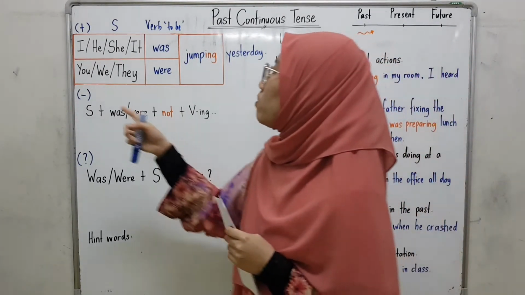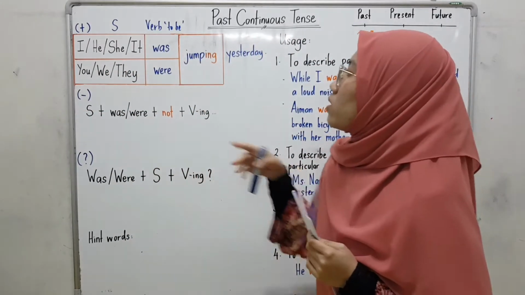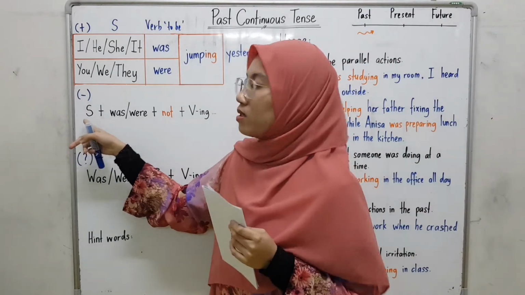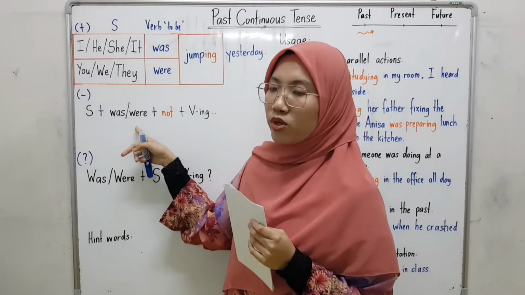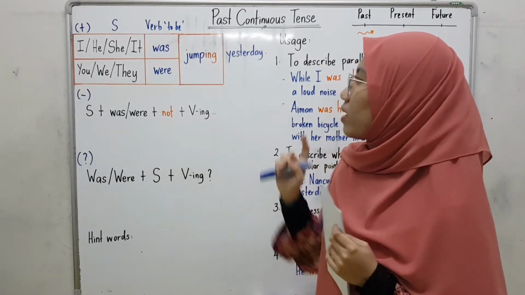To form negative statement from the positive statement, we will use subject plus was or were plus not plus verb ing.